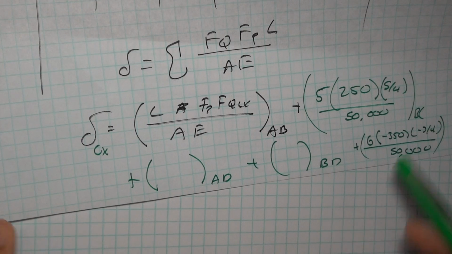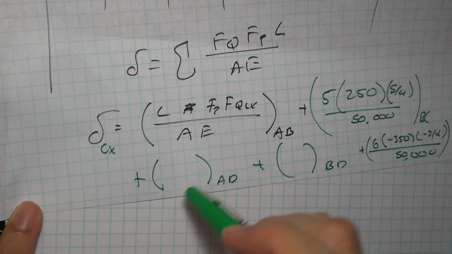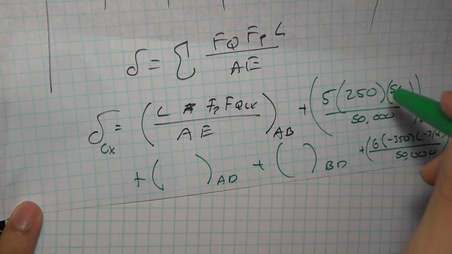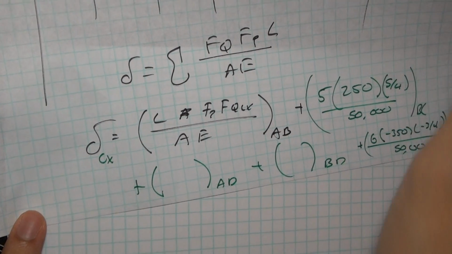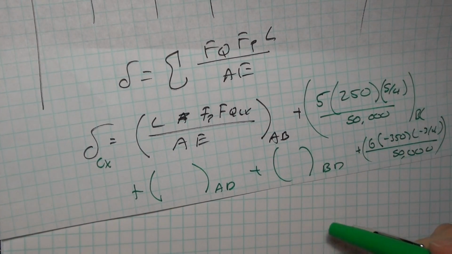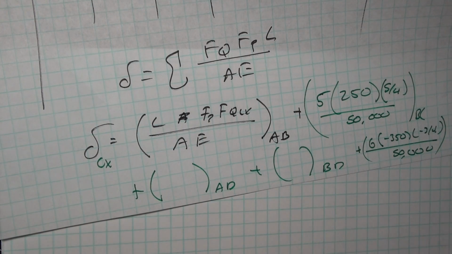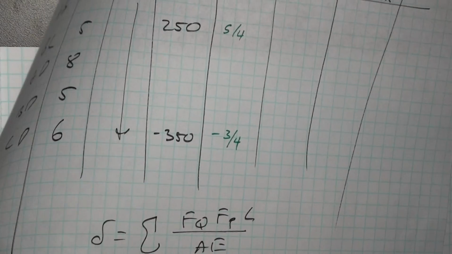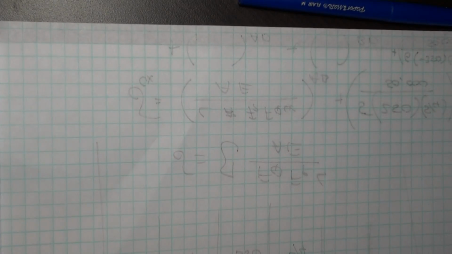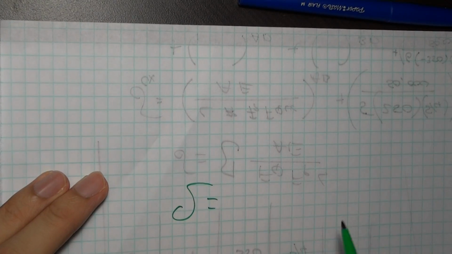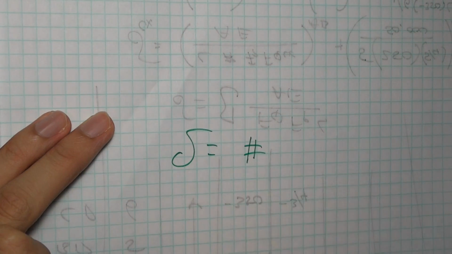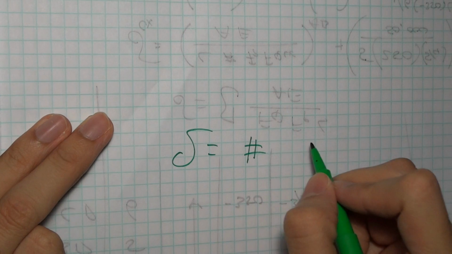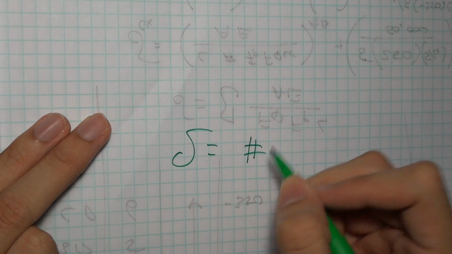And this total deflection, when I add up, I'll plug in the terms into this equation, this equation, and this one, this one, this one. I'll add them all up. Some of them might be positive, some of them might be negative, but I work with the signs that I have. And I add everything up, and I'll get some deflection. I'll get that delta equals some number.